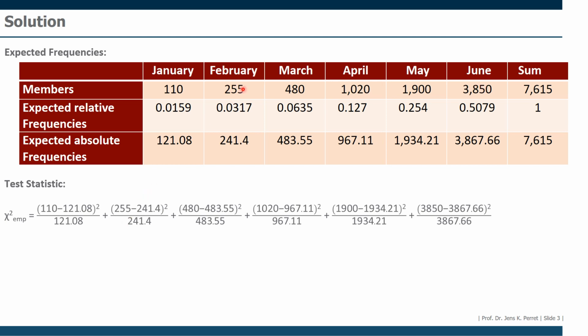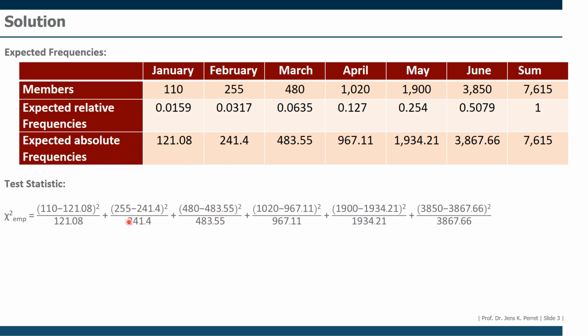So in the second one, we have an actual frequency of 255, an expected of 241.4. So it's actual minus expected, squared, divided by expected. Here as well, actual minus expected, squared, divided by expected.